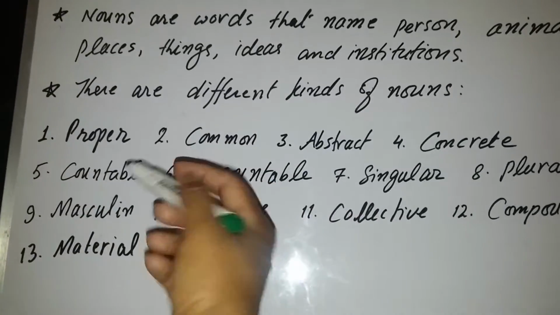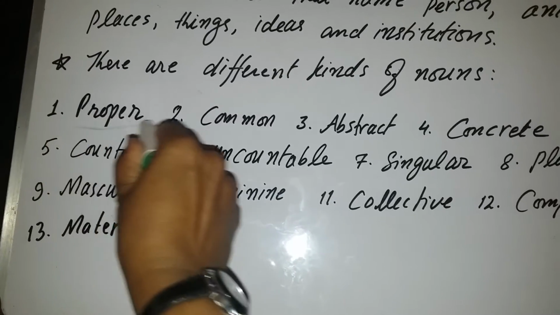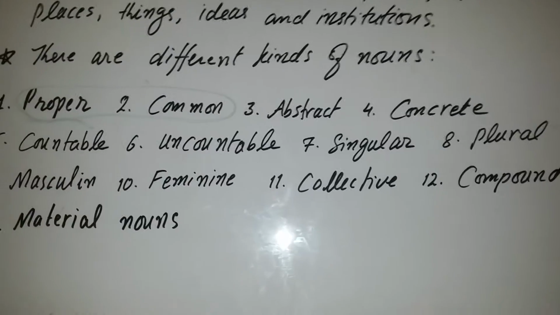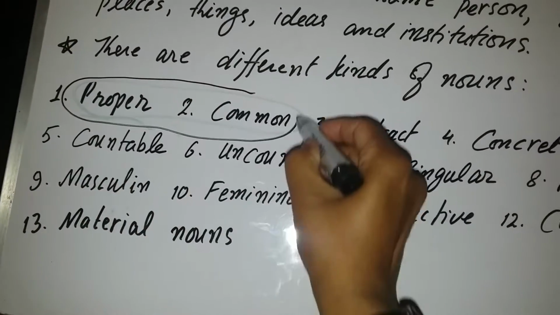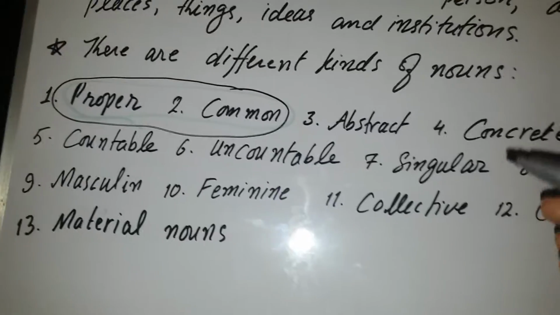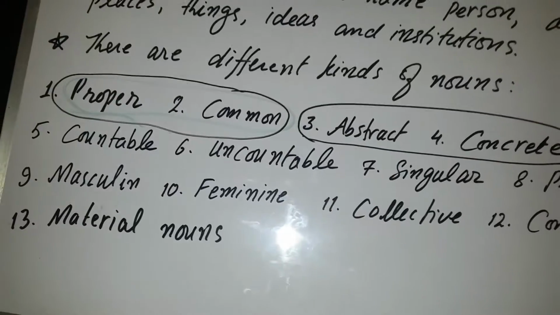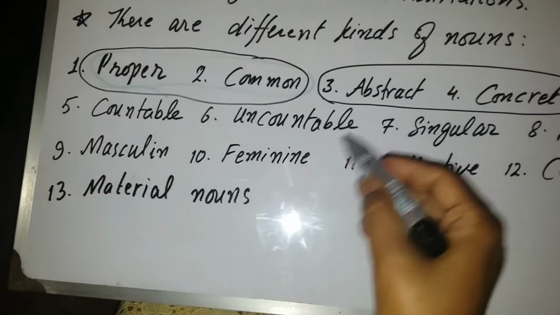First of all, I have made pairs of these nouns. For example, proper and common noun will be discussed at a time. Abstract and concrete, these two nouns will be defined collectively.